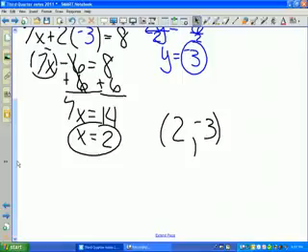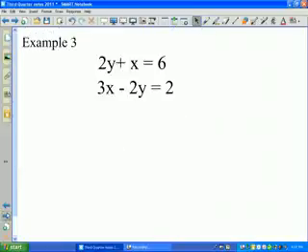Remember, it's your x before your y's. Even though our first answer was a -3, that -3 was associated with y, not with x. And also be cautious where you're substituting your answers to. So the next one, we have 2y plus x equals 6, and 3x minus 2y equals 2.